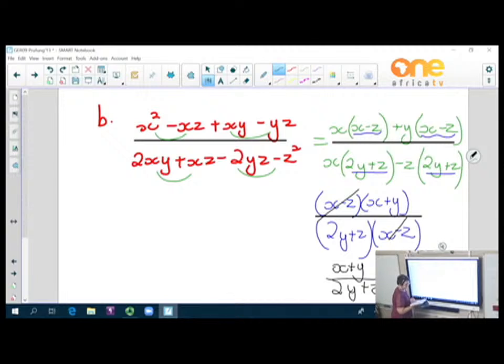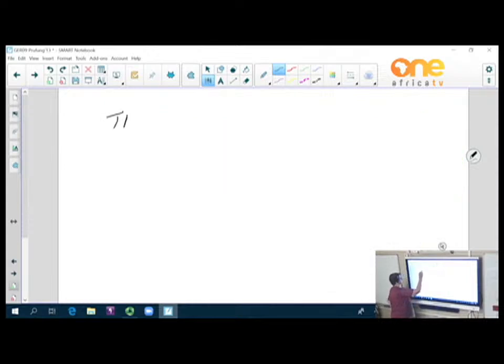Now, the next one is exercise 26. And we are still multiplying now here with our fractions. This is all multiplication. Now, this one looks like this, 3A over 8B times 2 over 7AB.